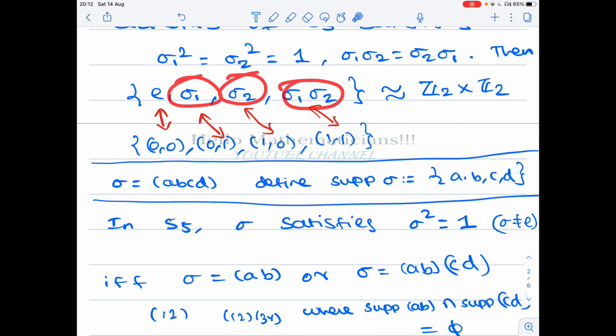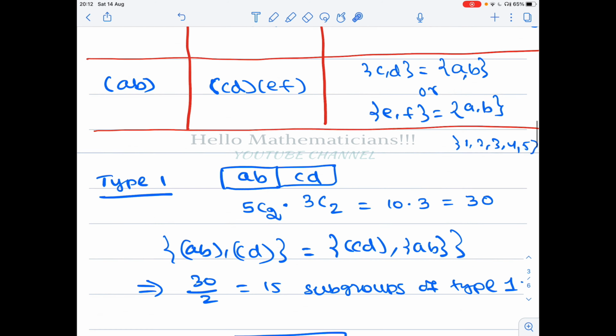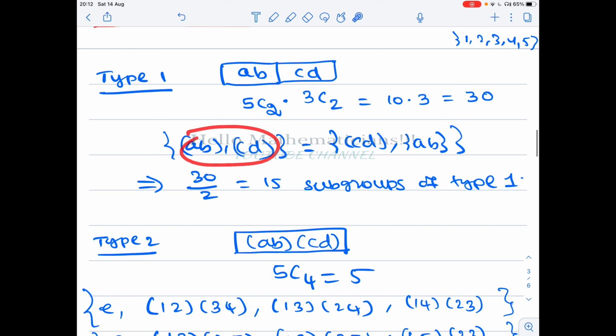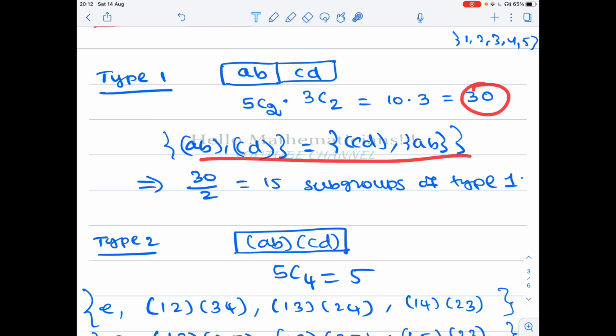Their product then gives me a Z2 cross Z2. If I take (A B), (C D) and (C D), (A B), they give me the same subgroup. But here we are counting these two as different elements, so we have to divide our count by 2. So there will be 15 subgroups of type 1.